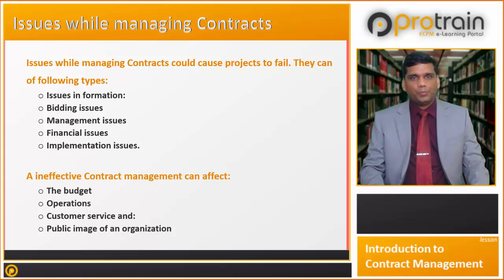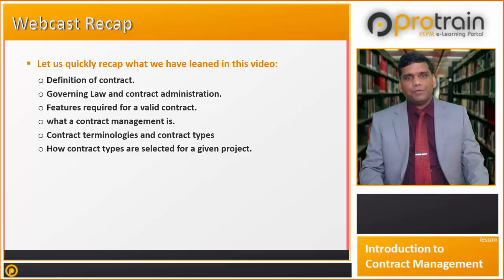Now, let us revisit what we have discussed till this point of time. In this webcast, we learned the definition of contract. NCMA defines a contract as an agreement enforceable by law between two or more competent parties to do or not do something not prohibited by law, for legal consideration, involving both an offer and an acceptance.